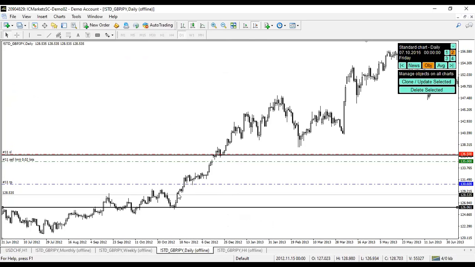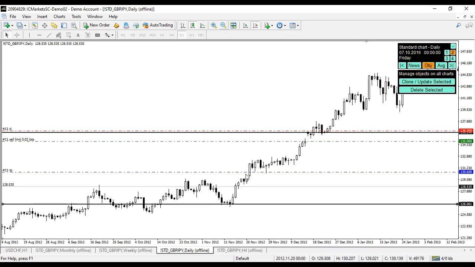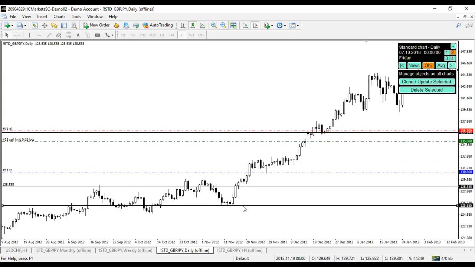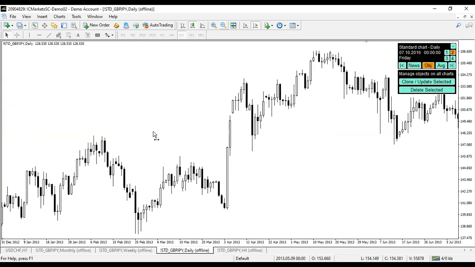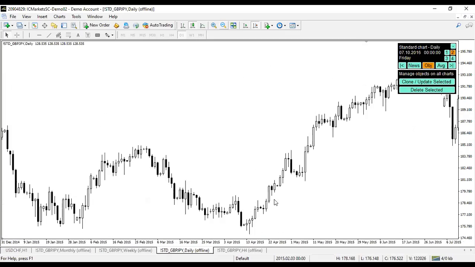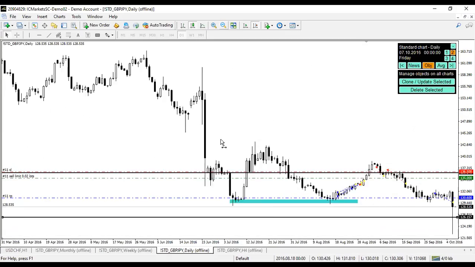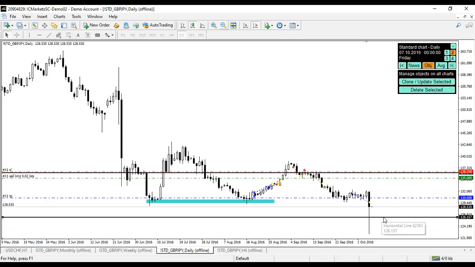Price also broke the structure. So we have a nice clean traffic here, and also a nice clean traffic on the left. So we expect that price goes all the way down to hit this 126,186. Let's see how price behaves at this. This is our target.